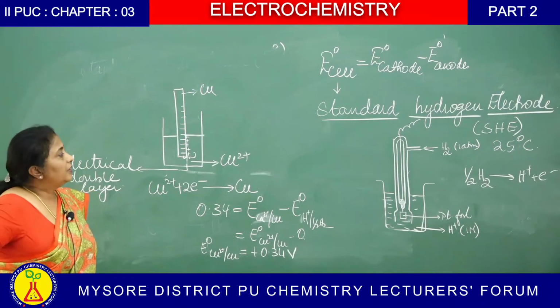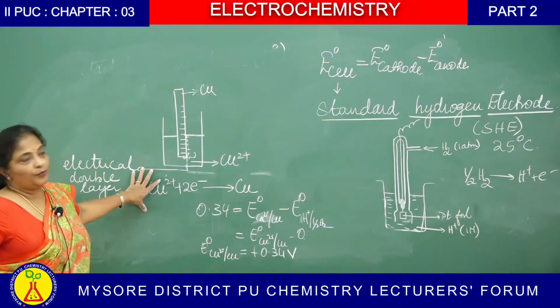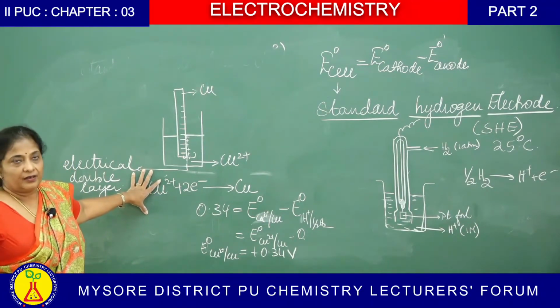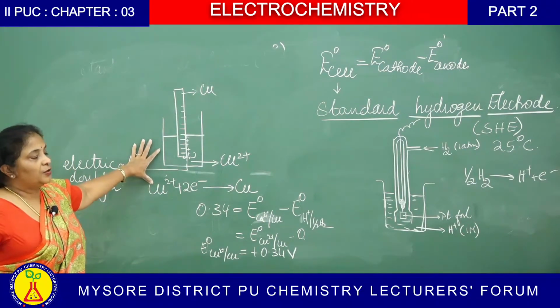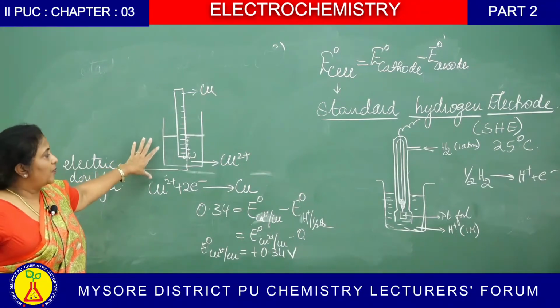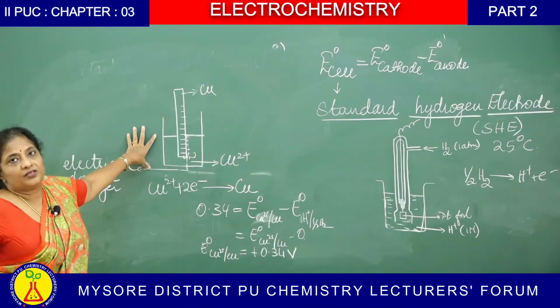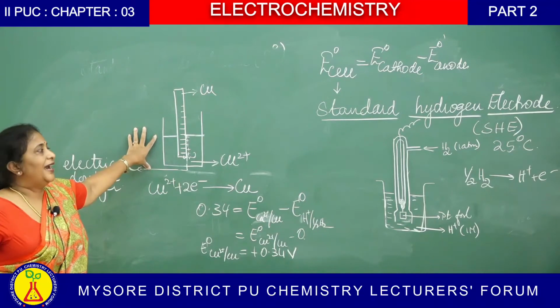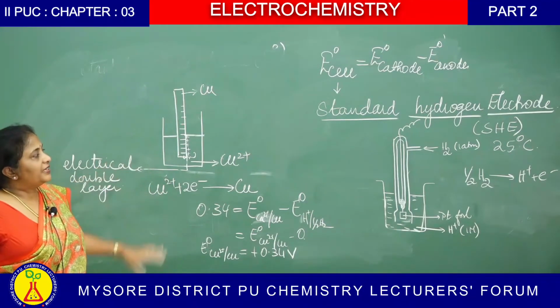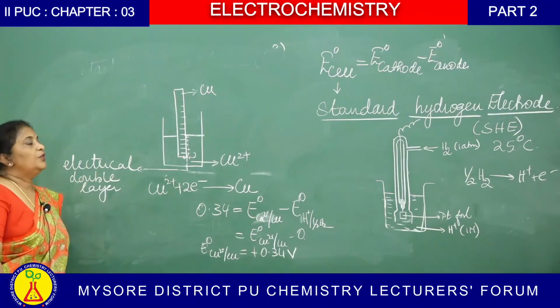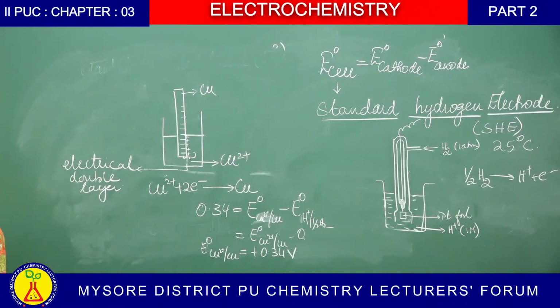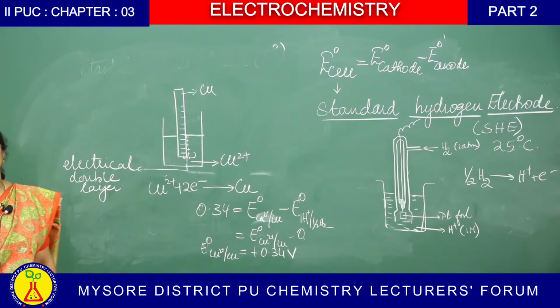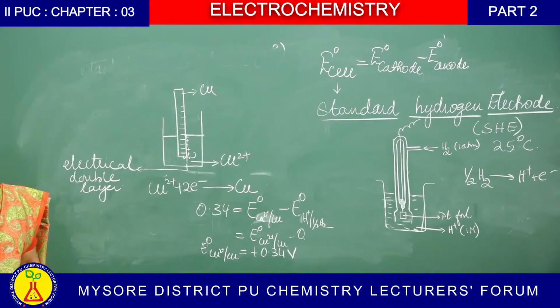It depends on the nature of the metal. Since these electrode potentials are measured at a concentration of 1 molar and at 25 degrees centigrade, we call them the standard electrode potentials, which is E naught.